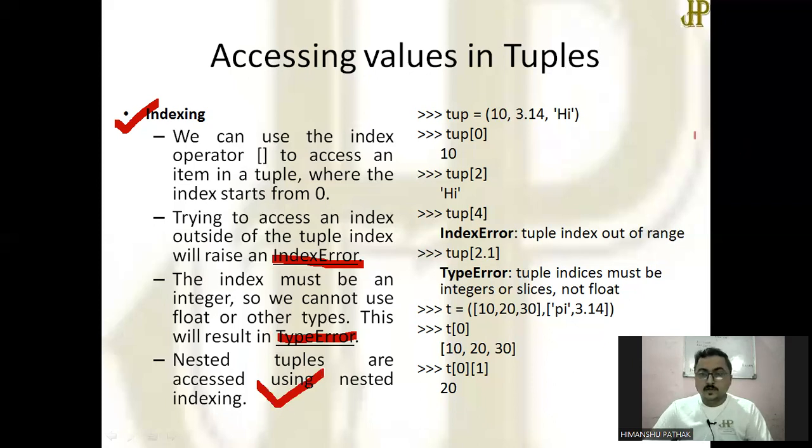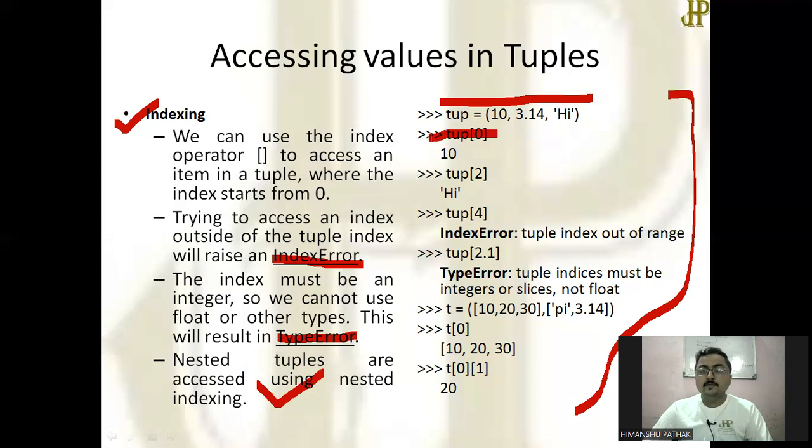So here I have included all the points through examples. One tuple is created. I am going to access the first element, then we have to supply the 0th index. It will show 10. If we want to access the third element, then we have to supply index number 2.